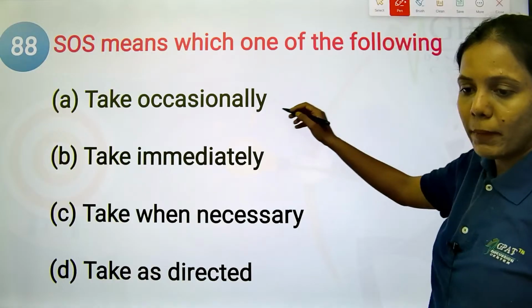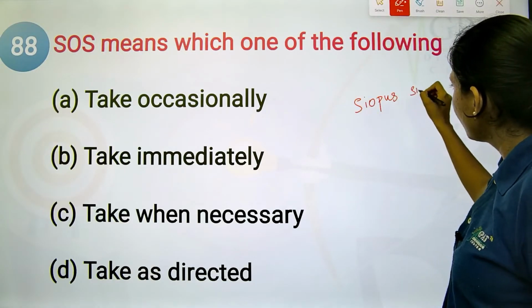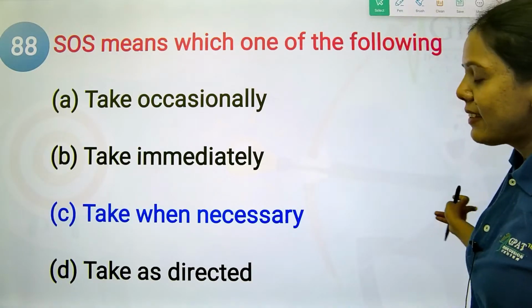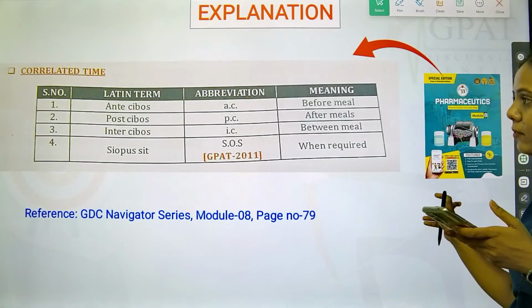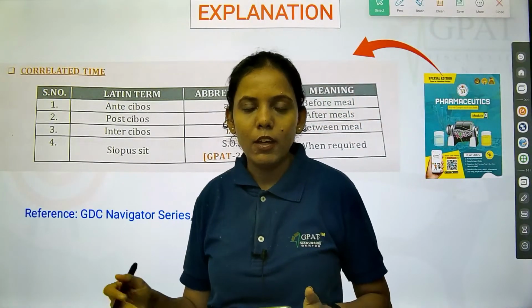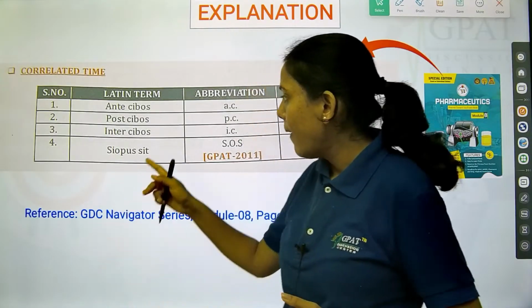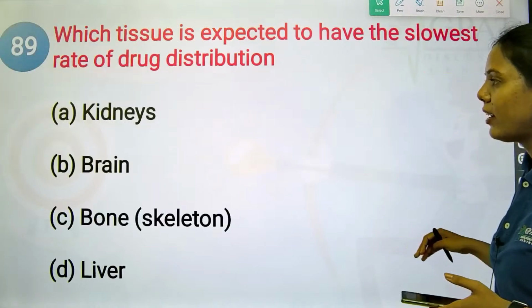That is the Latin term basically. That is, take when necessary is the right answer. Okay. Very good. Ante cibum: ante means before, cibum means meal, so before meal. Post means after, so after meal. Inter means between. And SOS is nothing but when required.